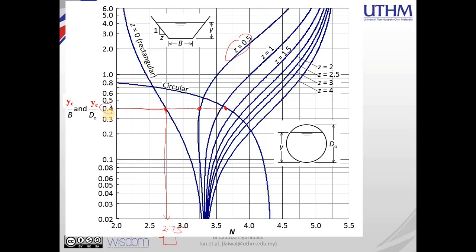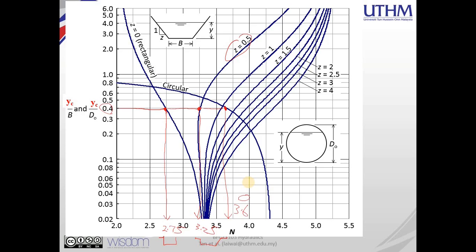For trapezoidal is approximately 3.25 if we project this line to the x-axis. So we will get the answer approximately 3.25 for trapezoidal, whereas for circular shape is 3.6. So here we draw a temporary line to read the n value on x-axis, 3.6. This is for circular shape.